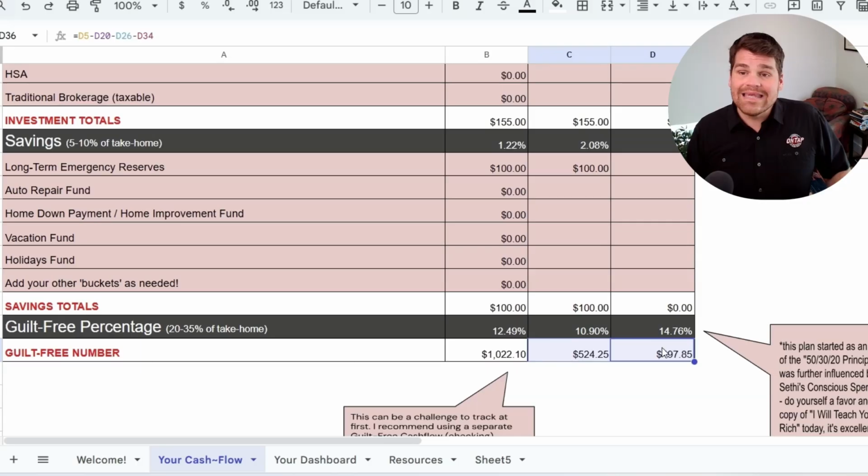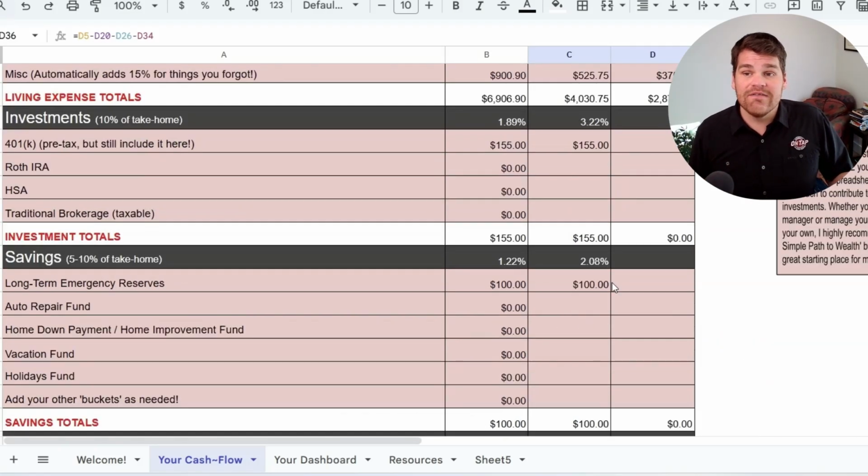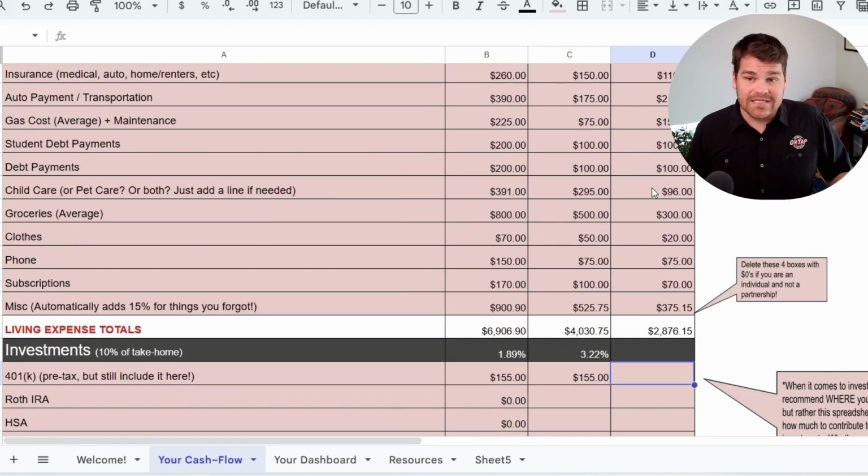And what they can now do is say, hey, what if we were to decrease the amount of guilt-free spending that we have every single month? We have $1,000. And in this scenario, these two are 28 years old. They may be able to take on a lower standard of living for now in order to do things like pay off their debt, start to increase their investment contributions and things like that, right?